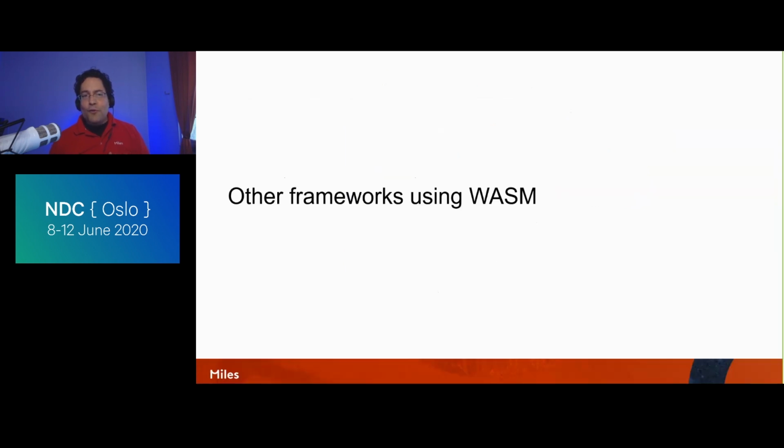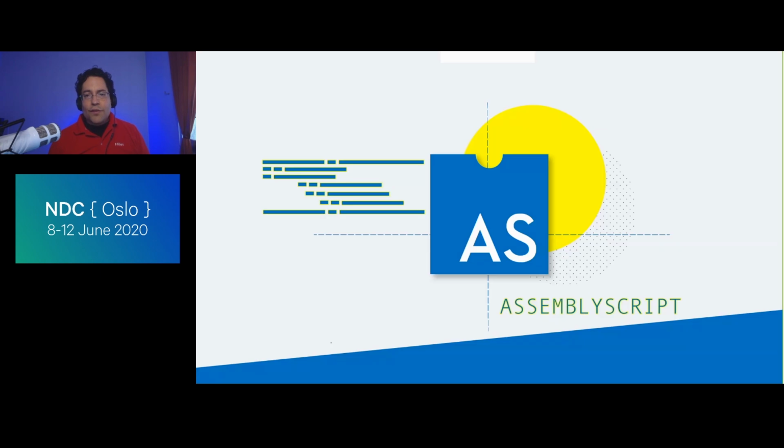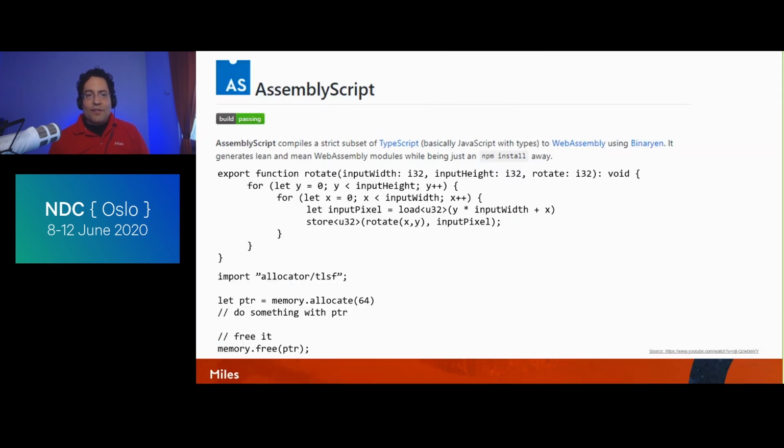Now, finally, I'm going to talk a little bit about some other frameworks that are using WebAssembly. One of these frameworks is called AssemblyScript. AssemblyScript compiles a subset of TypeScript down to WebAssembly using a compiler called Binaryen.